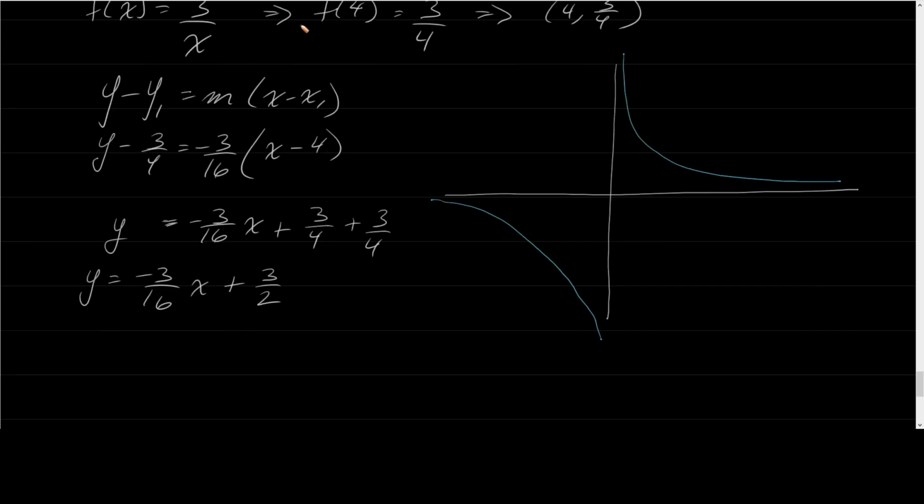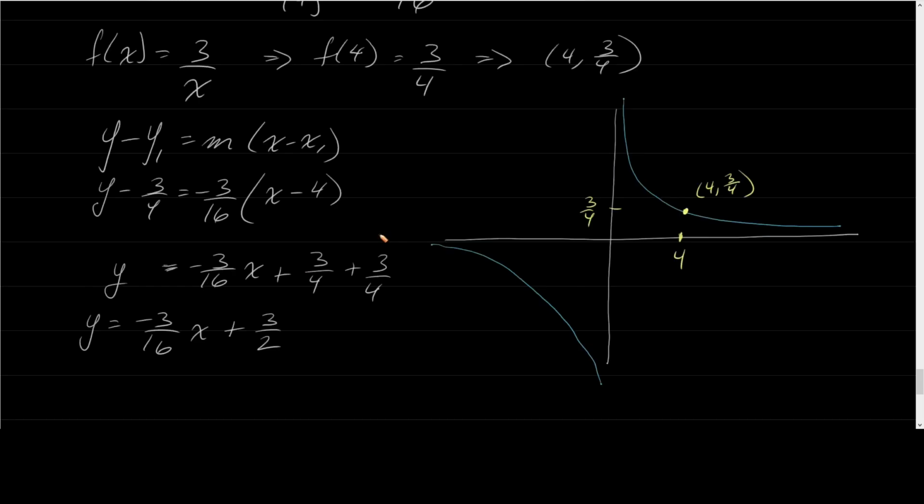And we have the point 4, 3/4, right? That point right there is the point 4 comma 3/4. That was the point that we cared about. And we're going to have our tangent line. So our tangent line is going to look like this.